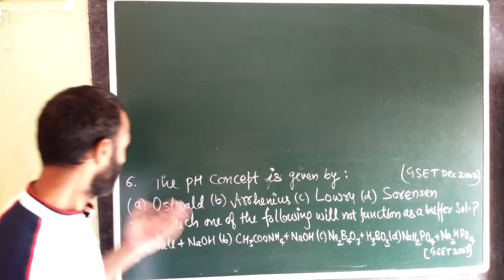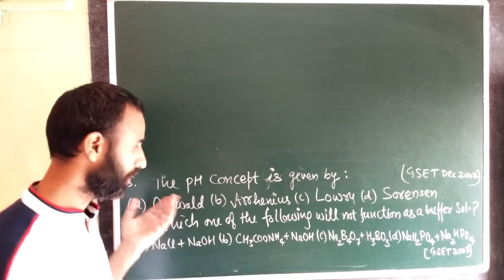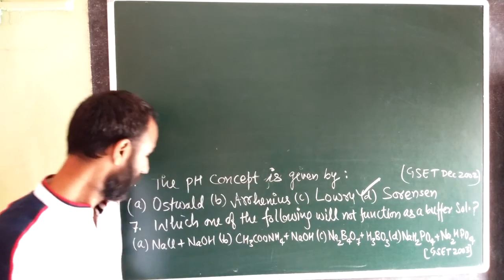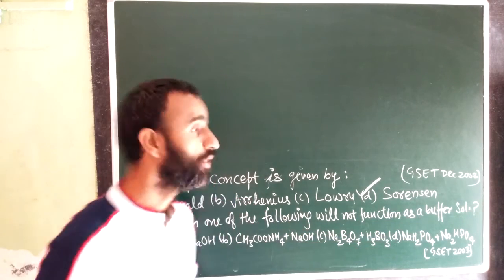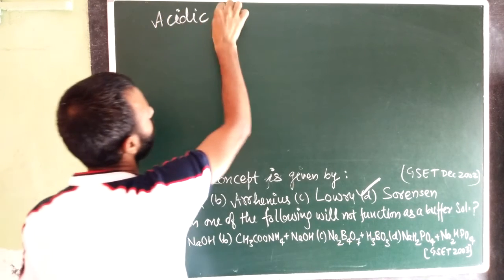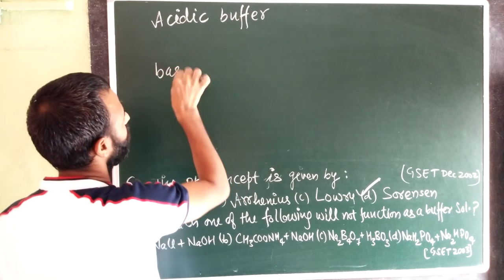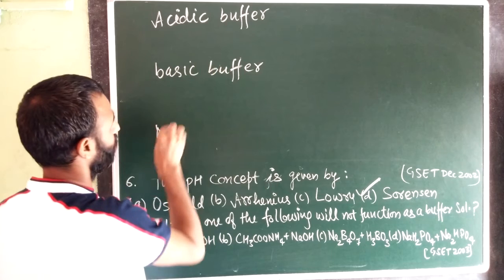Next, so this question, pH concept is given by, it is a knowledge based question. It is simply, you know, it is Sorensen. Okay. Now, which one of the following will not function as a buffer solution? So I already told you there are three types of buffer: acidic buffer, basic buffer, and third one is mixed buffer.